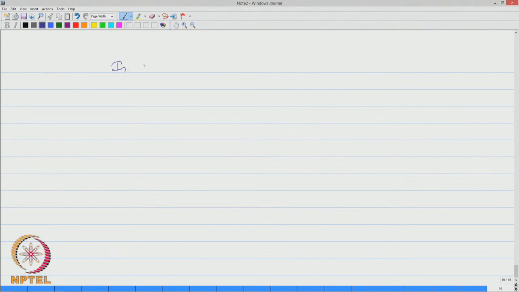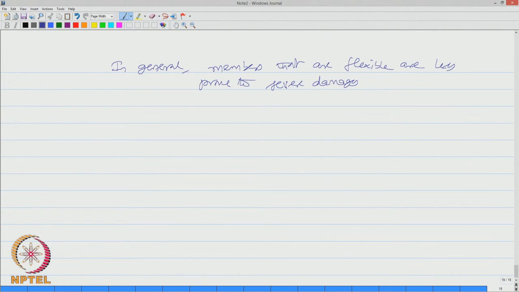In general, structural members that are flexible are less prone to severe damages. That is the first issue we have.